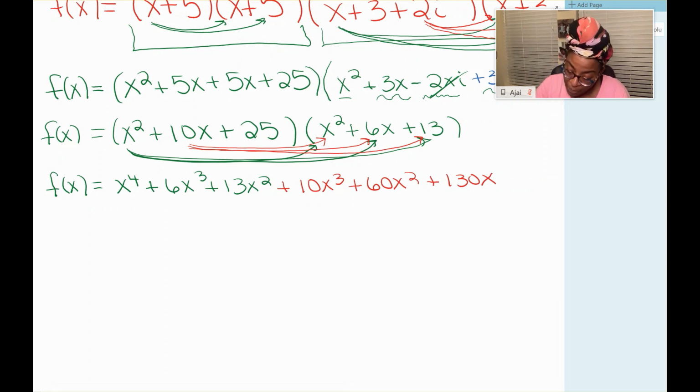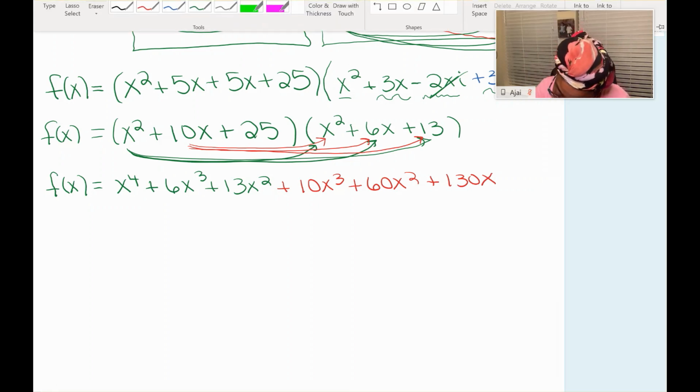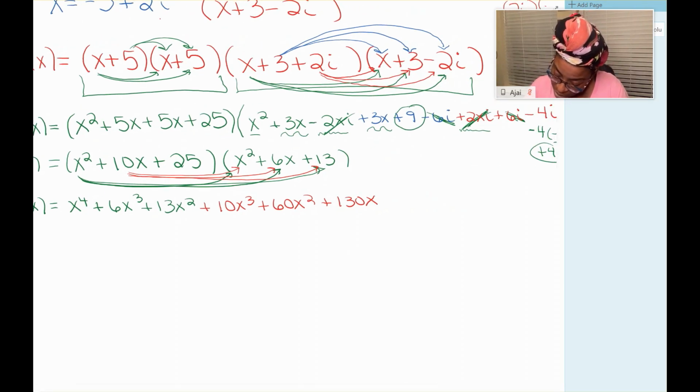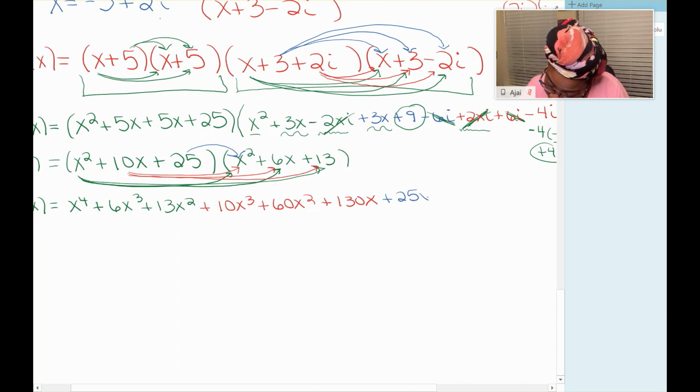Okay. Change colors again. What do I want now? Blue? Okay. Let's do 25. 25 times x squared. That's 25x squared. 25 times 6x. What's that? 150? 150, right? Okay?